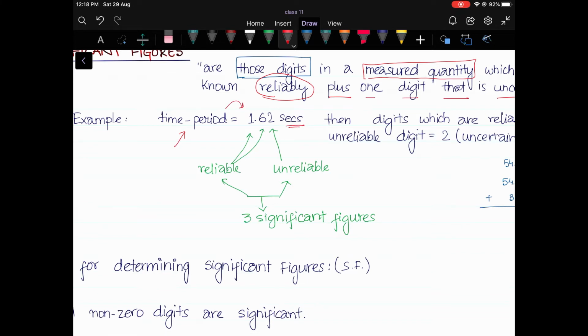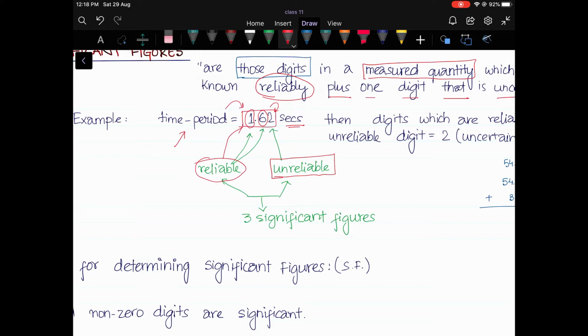Then I can tell you that this digit here is a reliable digit, which means that we know it is 1 and not 2.62. Then we also are sure that this digit here is your 6, that is reliable, but the last digit that I'm writing here, that is your 2, is unreliable, or let's say it has been rounded off.